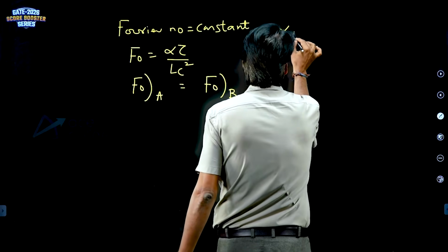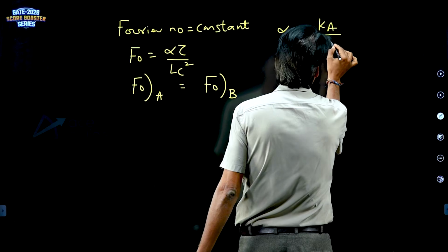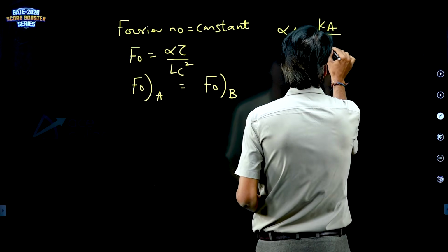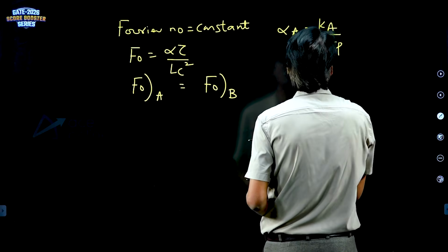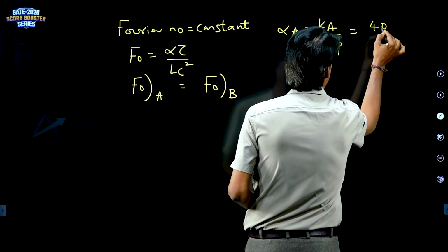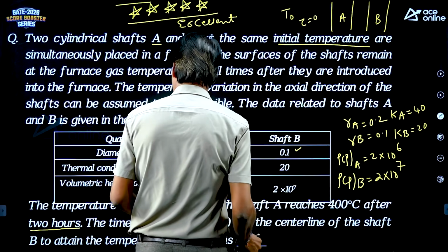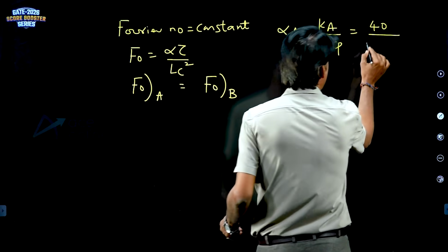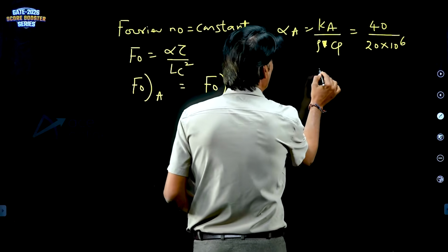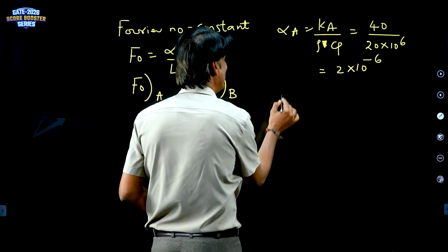Alpha, thermal diffusivity, is k divided by rho Cp. This value for A is 40 divided by, I'll take the data, 20 into 10 power 6. So this is 2 into 10 power minus 6 thermal diffusivity.